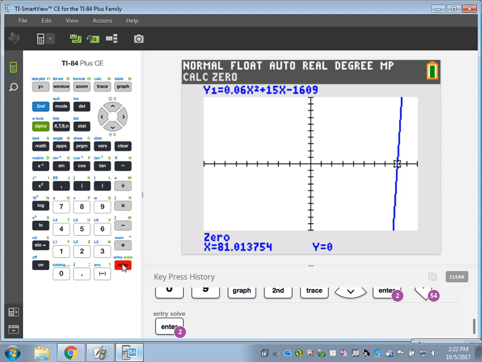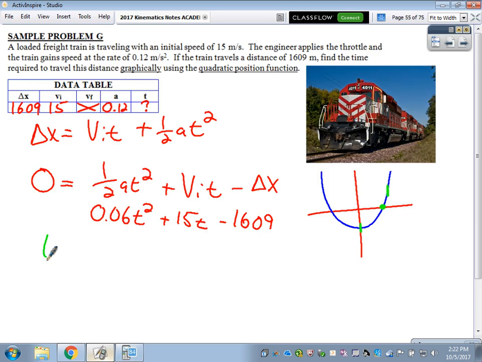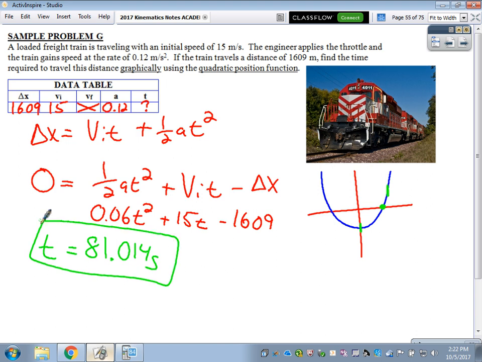So how much time does it take our train to accelerate at the rate that we were given for 1 mile? 81.014 seconds. And that would be our response for that. So then we would just go back here. We would say t equals, what would we say it was, 81.014 seconds. So that would be our final response for that.